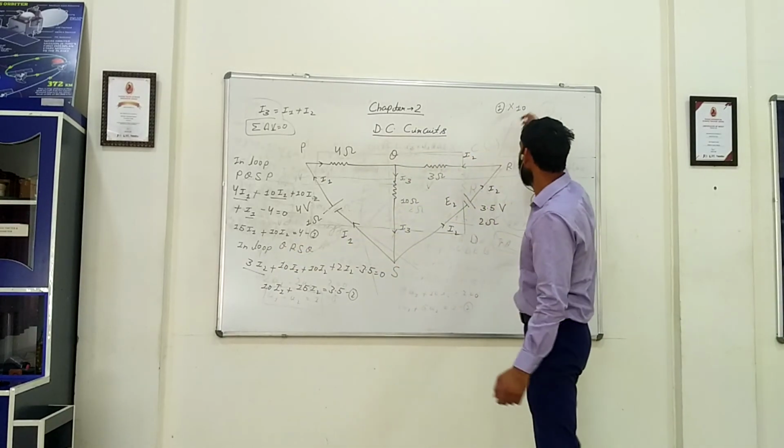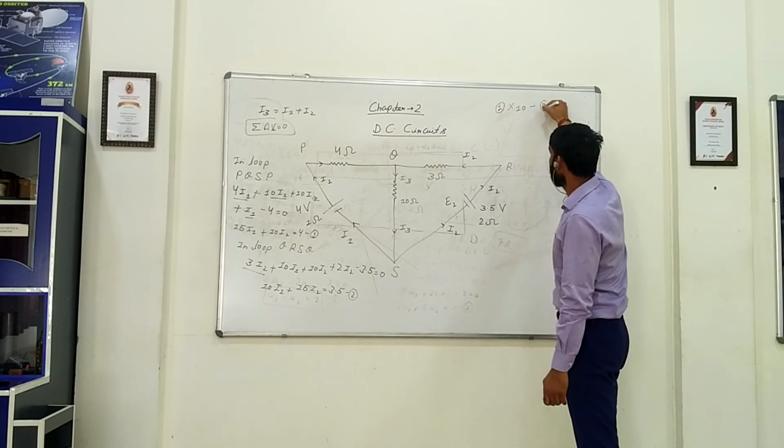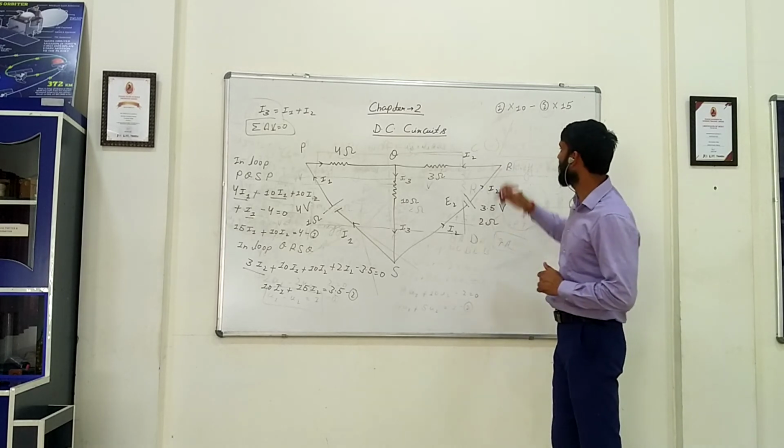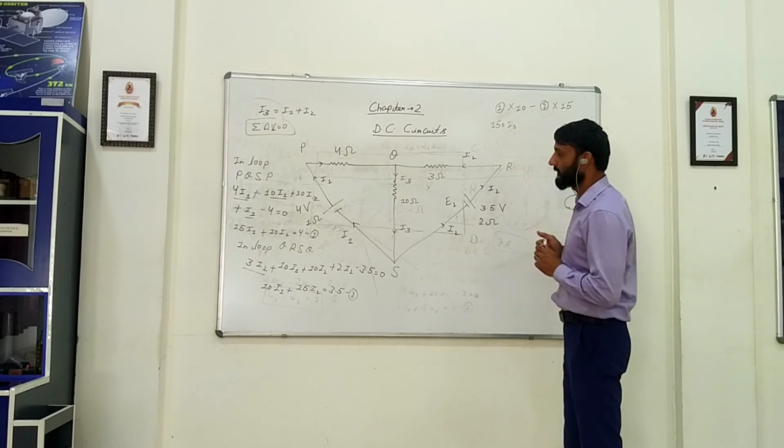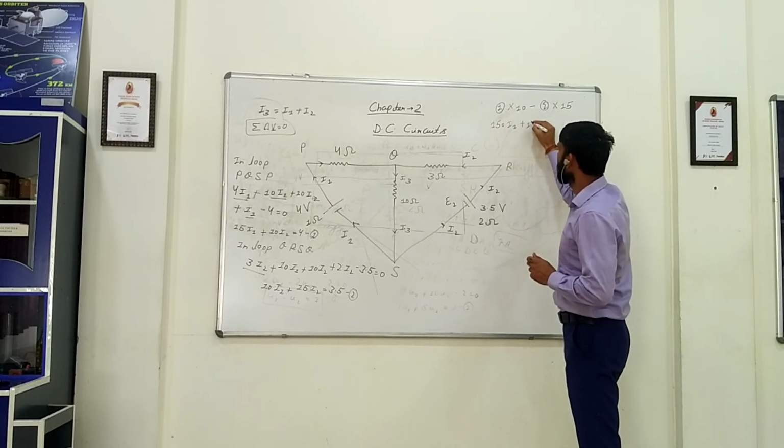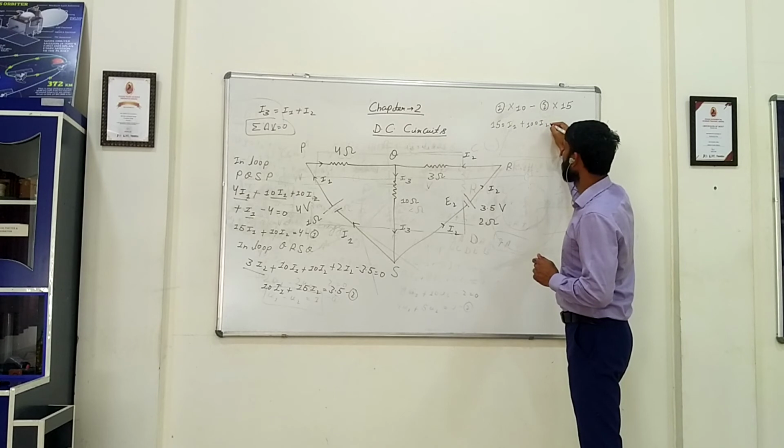So first multiplied by 10 minus second multiplied by 15. First equation multiplied by 10: 150 I1 plus 100 I2 is equal to 40.